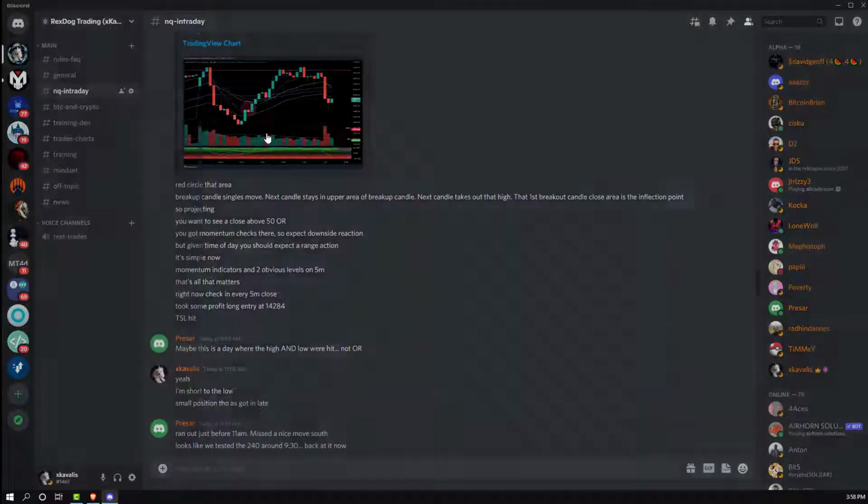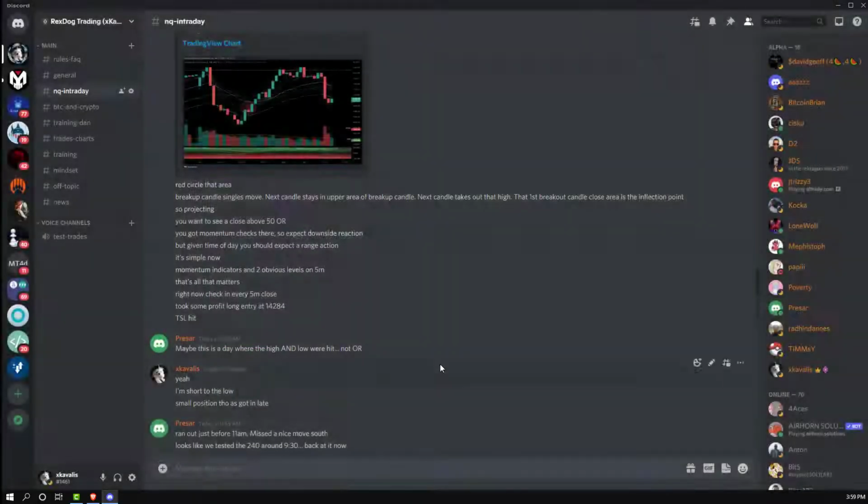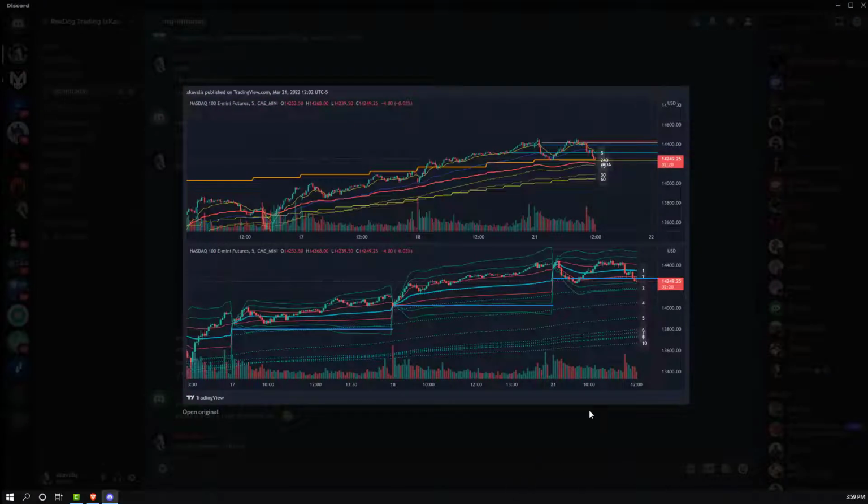I provided some charts here, some areas, especially here, some context to what was happening with price action. We see here I'm showing my 2 chart setup with multi RDAs, which is a private indicator for members, and then also a VWAP analysis.